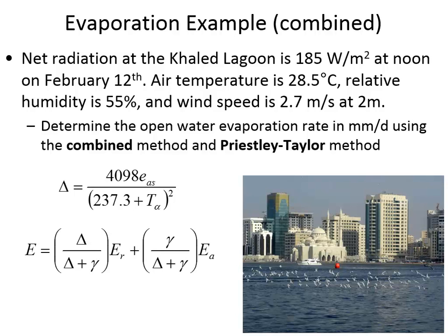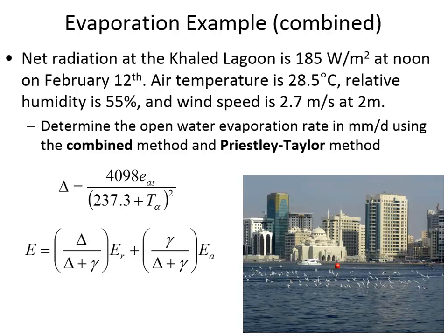Obviously, you set it up once in the spreadsheet. You have the radiation values as a column, then you can calculate the evaporation rate as another column. And so we would have had a different combined method value, because the true value instead of 6.6 millimeters per day is probably a lot lower than that, since it's not going to be sunny all 24 hours a day.